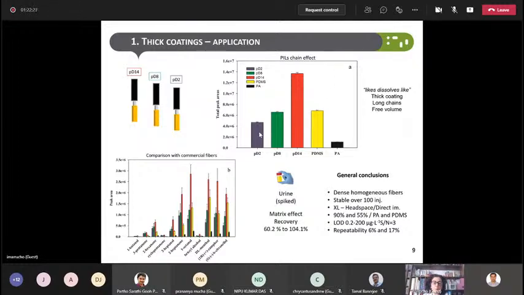Here we have the comparison of our fibers against the commercially available fibers. What we have here is the total peak area. So if I sum up all these peaks independently of what they are, we can see that we have a very low limit of detection on the polymer that has the C14 chain.